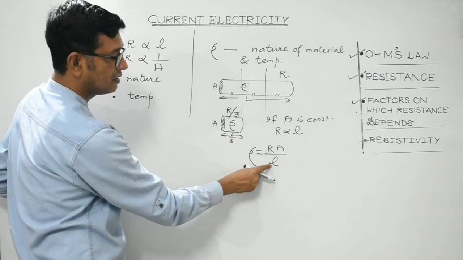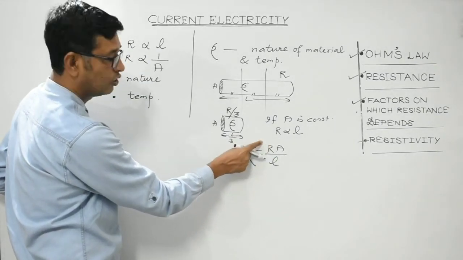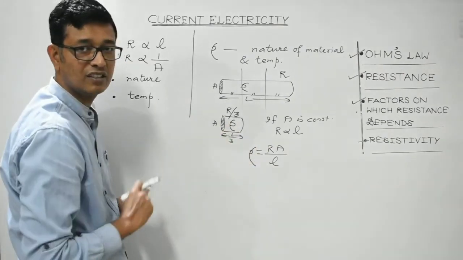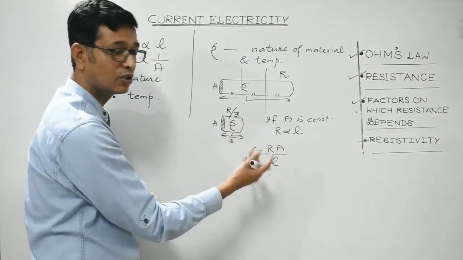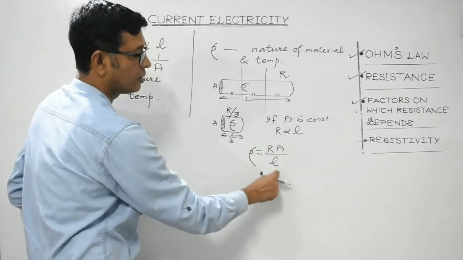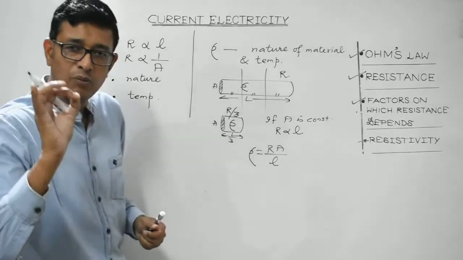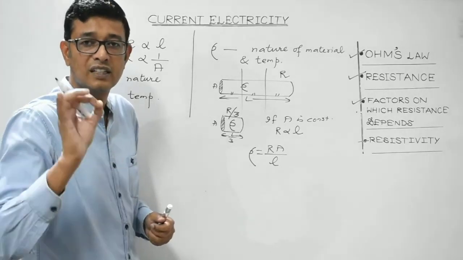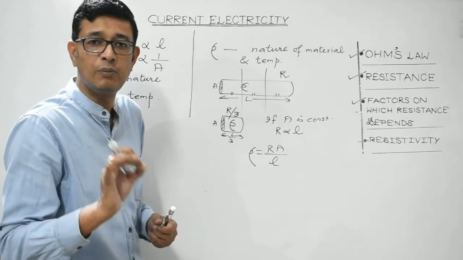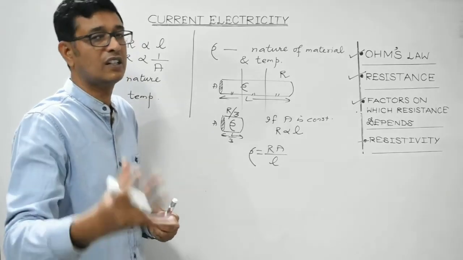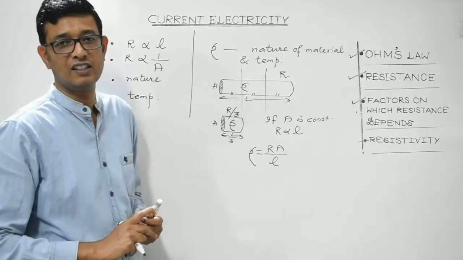If the length is decreased 1/3, resistance is also decreased by 1/3. So the ratio R by L always remains constant. On changing the dimensions, the resistance also changes, so that this entire term always remains constant. So that is what the most important fact is. Resistivity of a conductor does depend only upon the nature of material of the conductor. It is independent of the dimensions of the conductor.